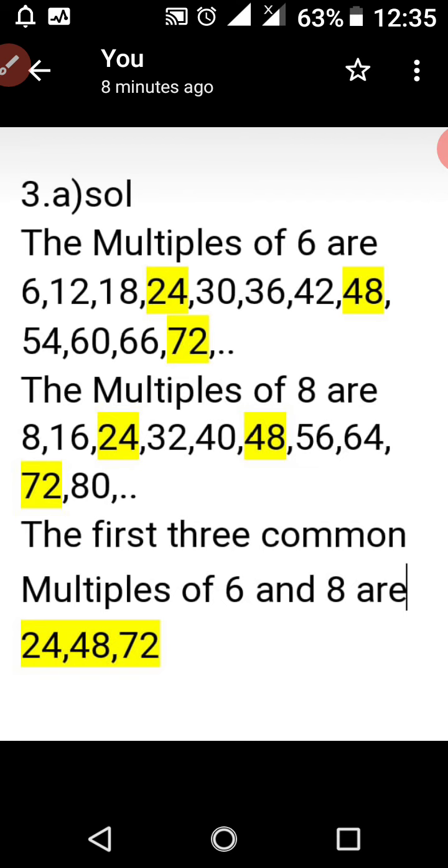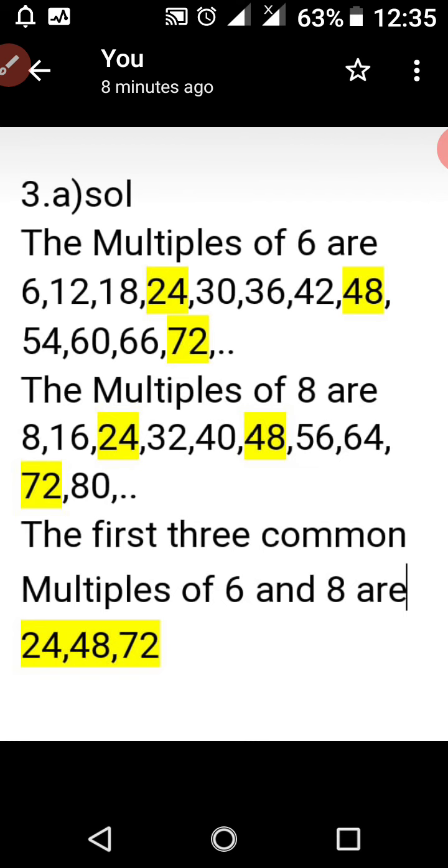The multiples of 6 are 6, 12, 18, 24, 30, 36, 42, 48, 54, 60, 66, 72 and so on. And in the same way the multiples of 8 are 8, 16, 24, 32, 40, 48, 56, 64, 72 and so on. What they are asking in the question is that you should find only the first 3 common multiples.